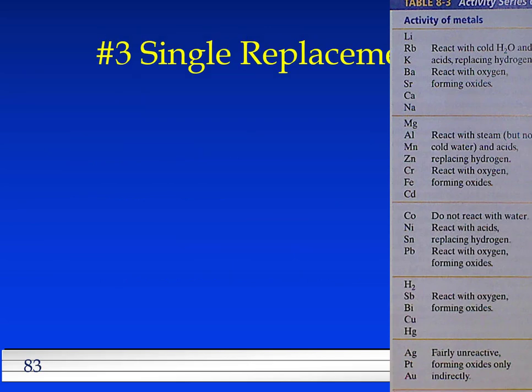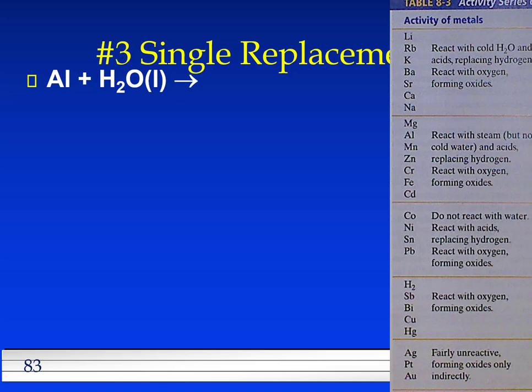So let's use those examples to go through a series. Al plus H2O liquid. Okay, first step. What category of reaction is this? Is it single replacement, double replacement, combination, or decomposition?